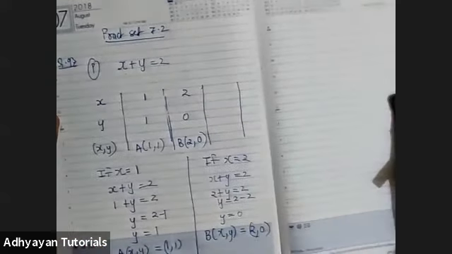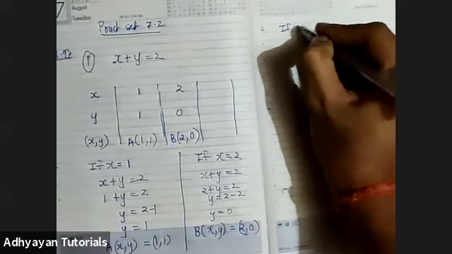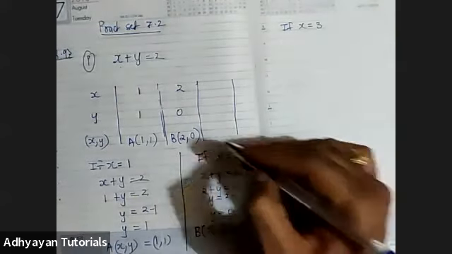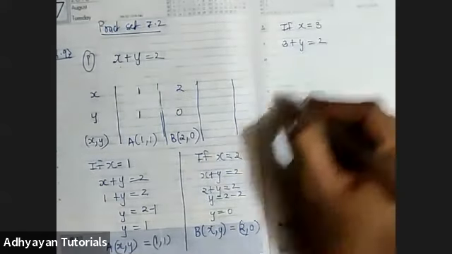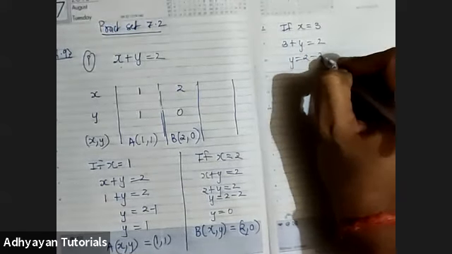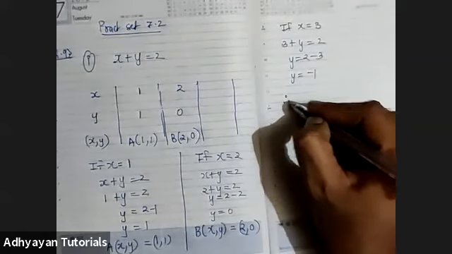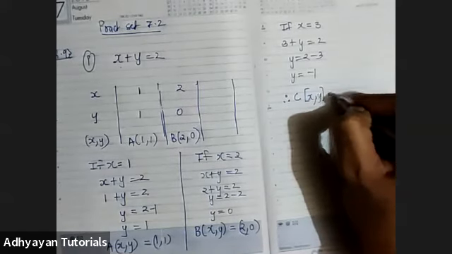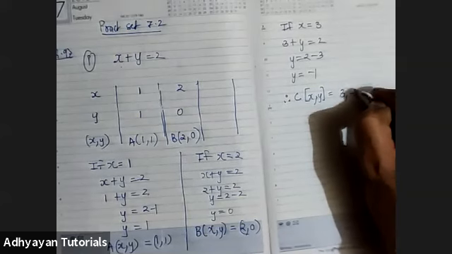Likewise, I would consider one more value here. Let's say x is equal to 3. If x is 3, 3 plus y is equal to 2 and y is equal to 2 minus 3. So what is 2 minus 3? The answer is minus 1, and therefore the third point C, x comma y, will be 3 comma minus 1.